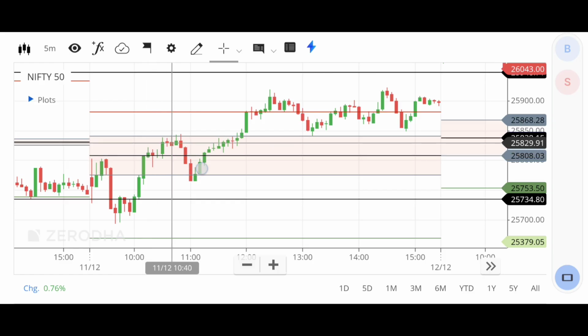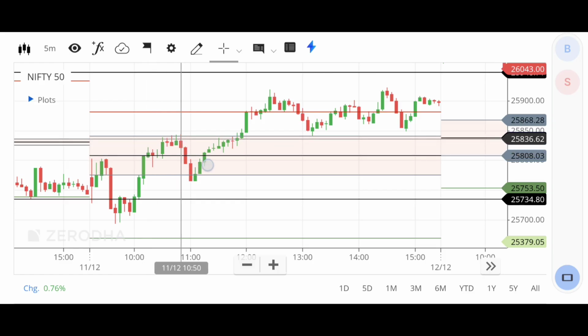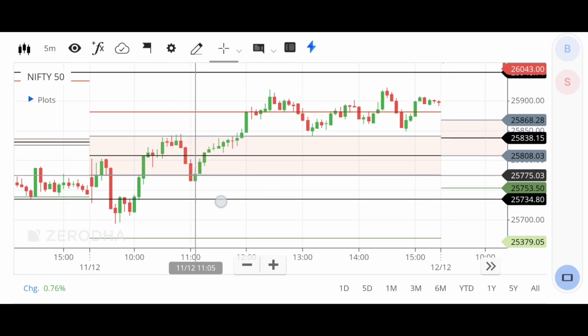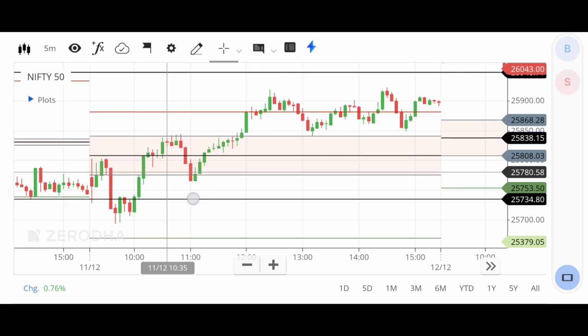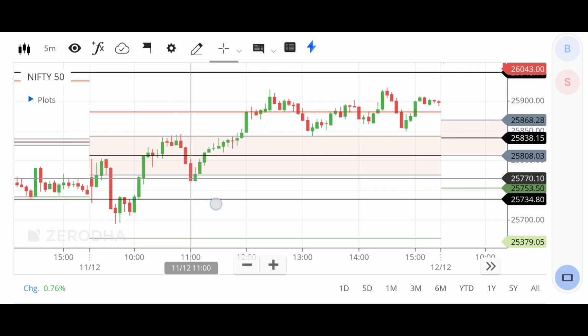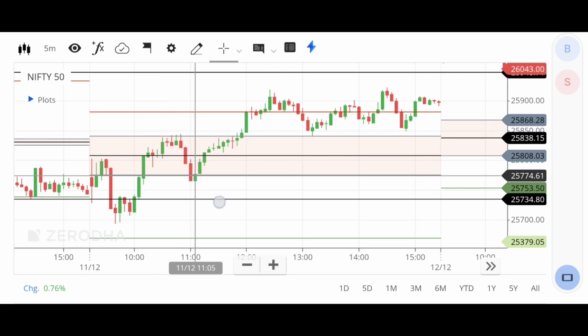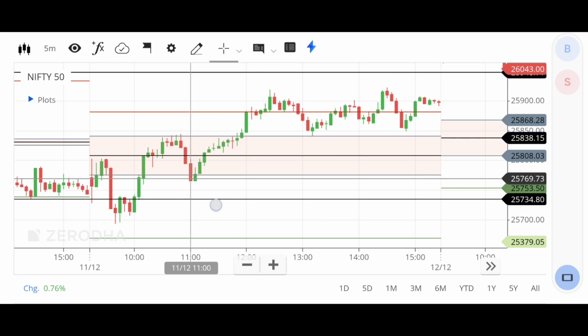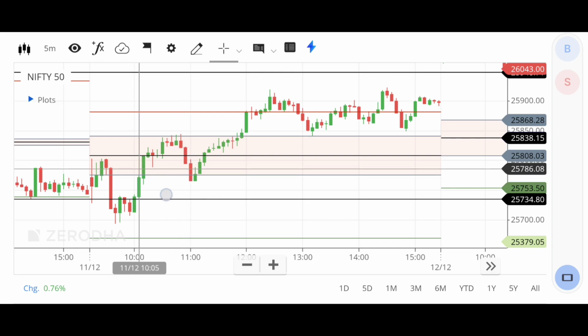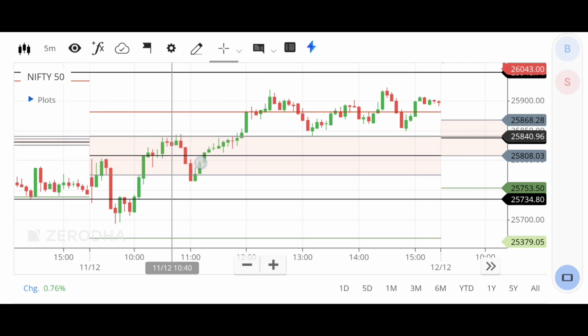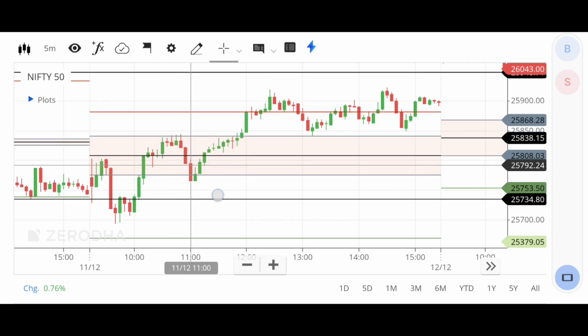Here you see, at the high level of the CPR it faced some good resistance, then again came down. I must say something at this time: some people think this is a broken candle, but it's not. Why? Because it went inside the CPR, reached good resistance at the high level of the CPR, then came down again.